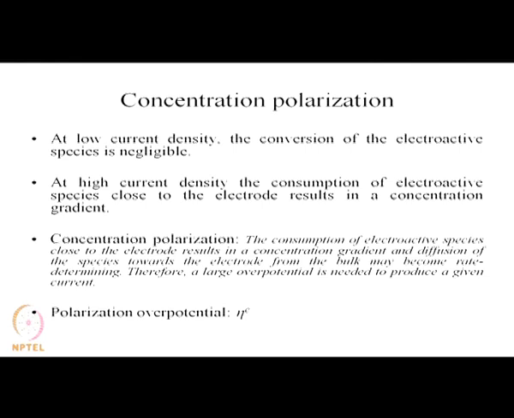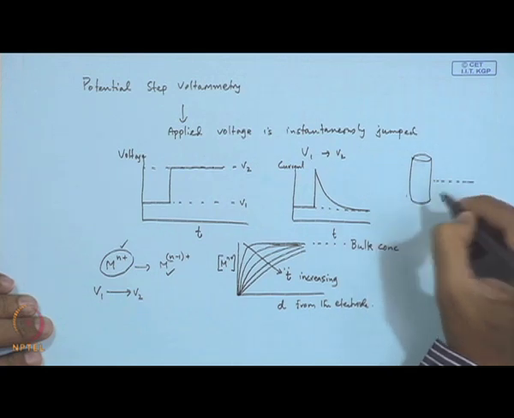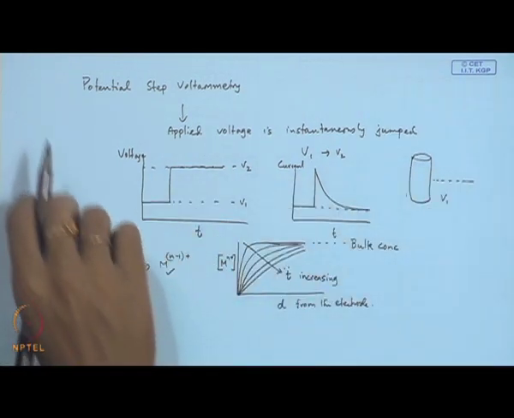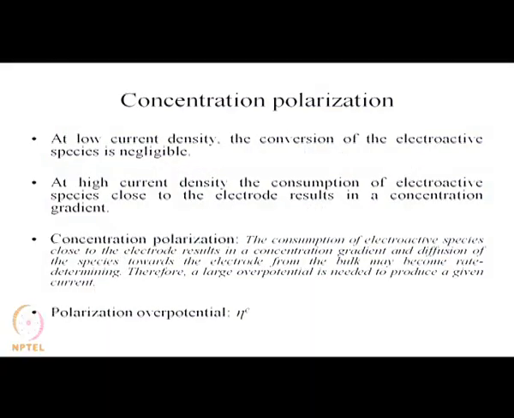So, there is a huge concentration gradient when current density is quite high, and this results in concentration polarization. That is, the consumption of electroactive species close to the electrode results in a concentration gradient, and diffusion of species towards the electrode from the bulk may become the rate limiting process.